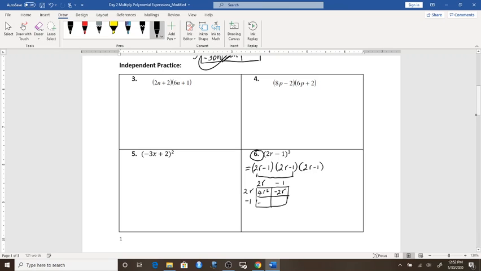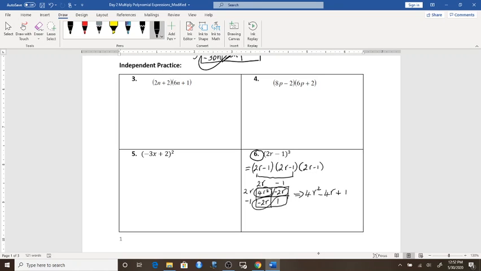Negative 1 times 2r is negative 2r. And negative 1 times negative 1 is positive 1. Now, 4r squared is going to stay. Negative 2r and negative 2r can be combined to negative 4r. And then 1 stays, so plus 1.